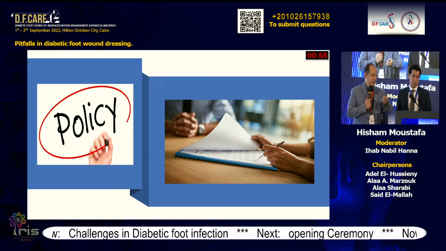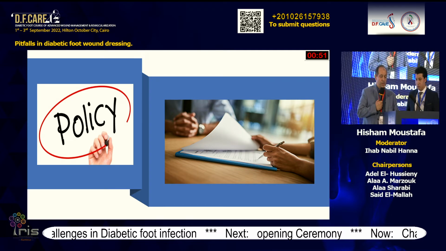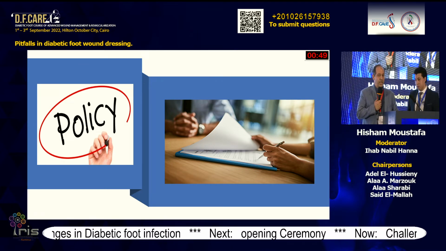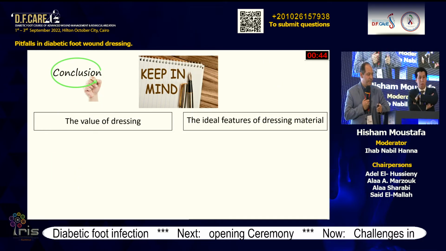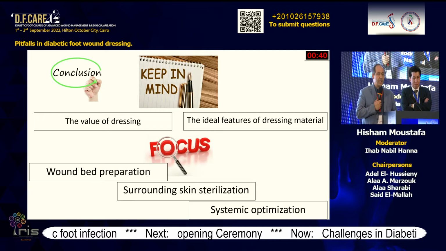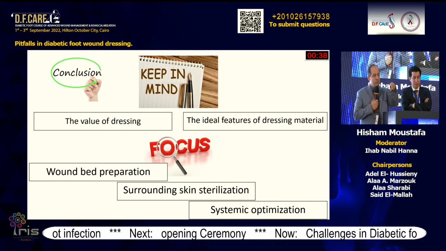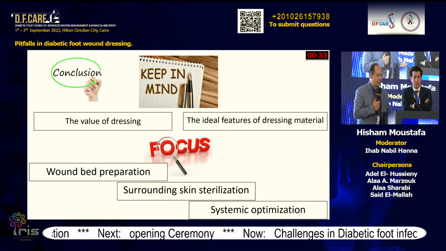To summarize, please remember that in wound dressing, you have to remember the value of dressing and the ideal features of the dressing material. And you have to focus on the wound, on the surrounding skin, and on the systemic condition.